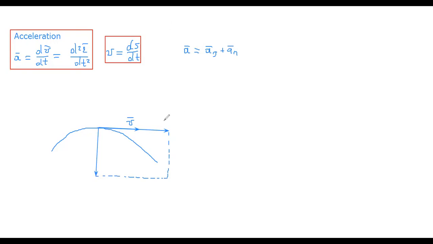Try to draw the tangential velocity and normal. The sum of them is velocity. A is acceleration, tangential acceleration and normal acceleration.